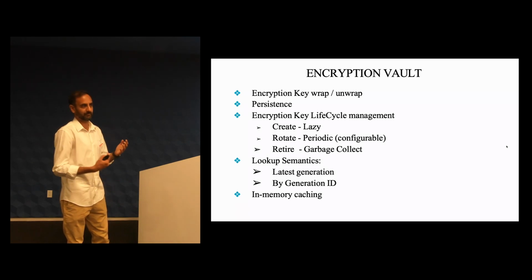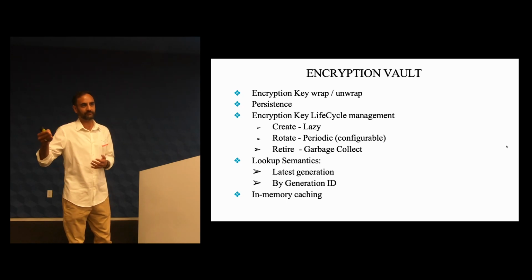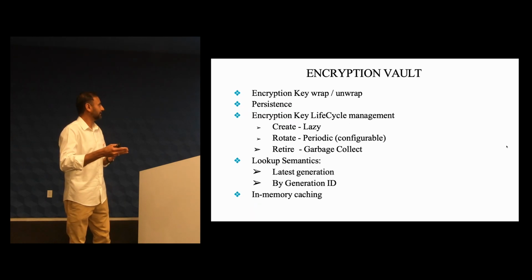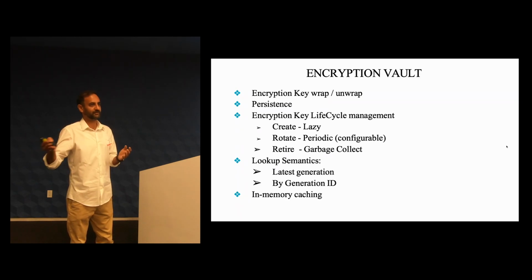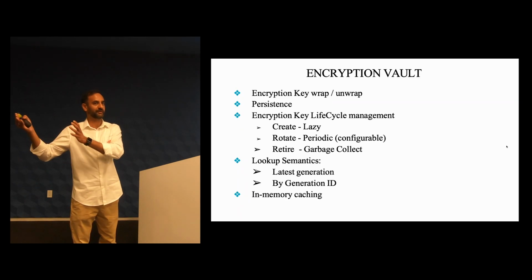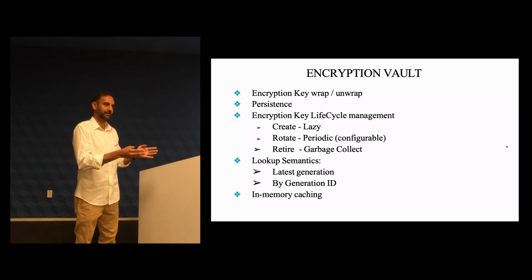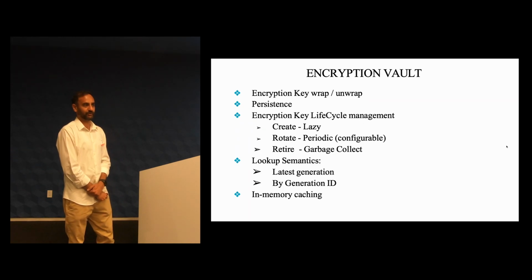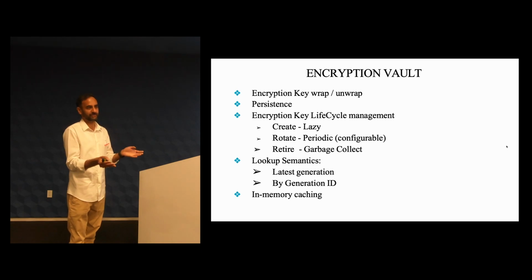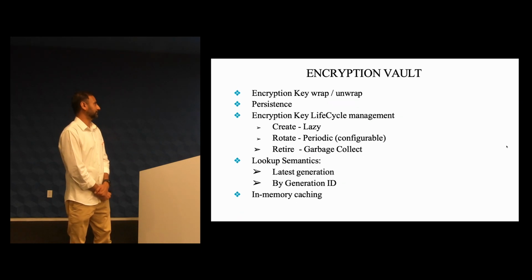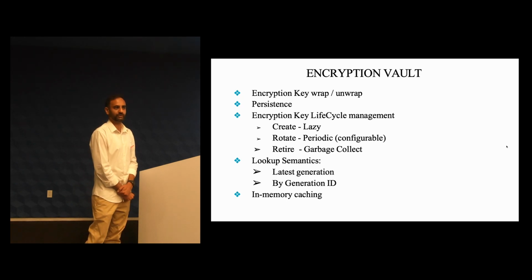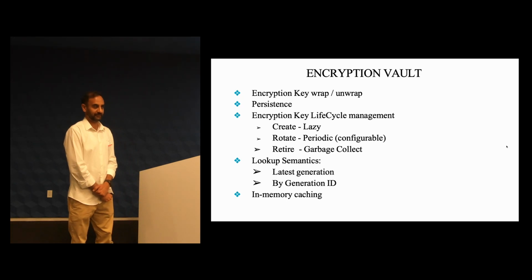FoundationDB encryption does support a rotation or a time to live for a key, and your vault can support that rotation by periodically generating newer keys, so the data can use the newer key when it gets written. However, the older keys can still live, and they can be serving the data which is already persisted. You can have a background cleaner or garbage collector to collect the encryption keys so that it doesn't get unbounded.